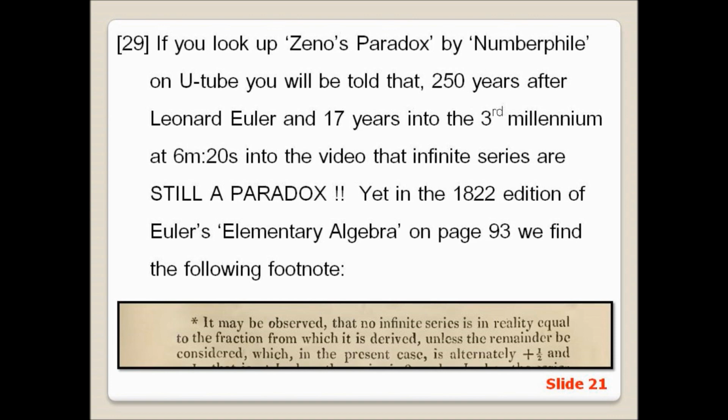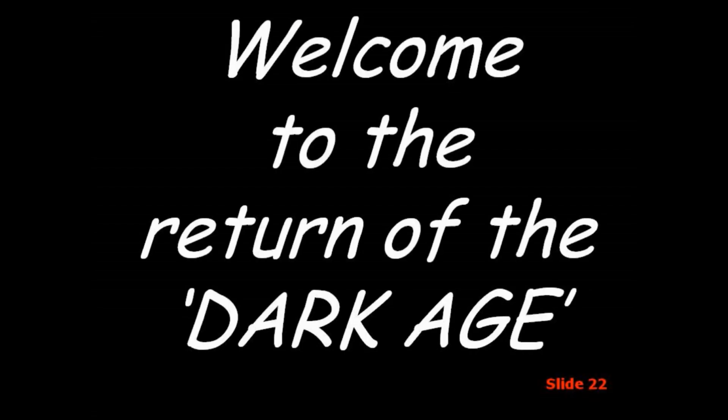Yet in the 1822 edition of Euler's Elementary Algebra, on page 93, we find the following footnote. It may be observed that no infinite series is in reality equal to the fraction from which it is derived unless the remainder be considered. Welcome to the return of the Dark Age.